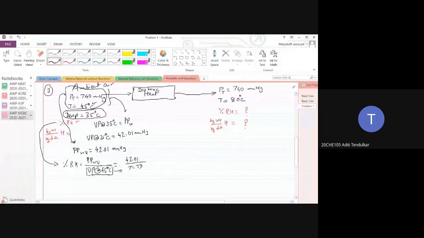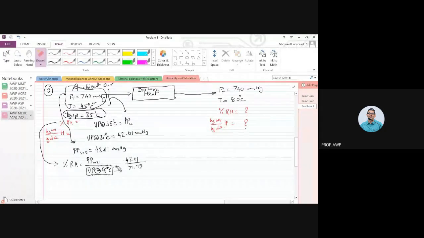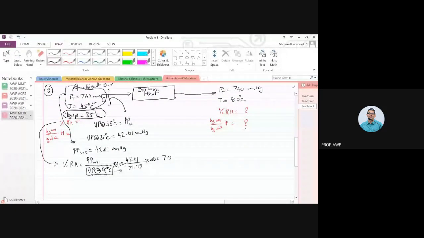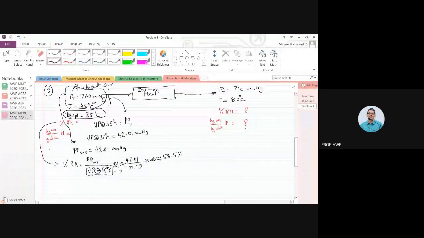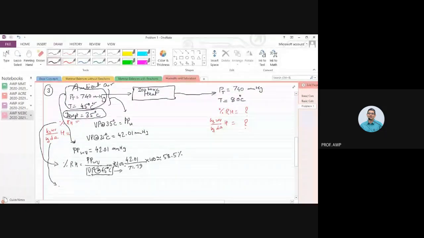Of course, it is percent relative humidity, so I need to multiply by 100. So this will be around 70%, right? Maybe 60%. What is the value? Somebody has calculated. 58.53. Okay, 58.5%.